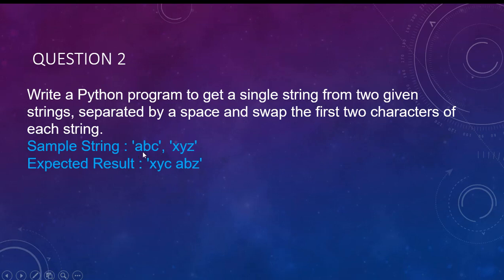So the first two characters are exchanged, and the rest of the characters remain unchanged. And similarly here also you can see we have xy, the first two characters taken from ab, so ab and z, and then these two are to be merged.